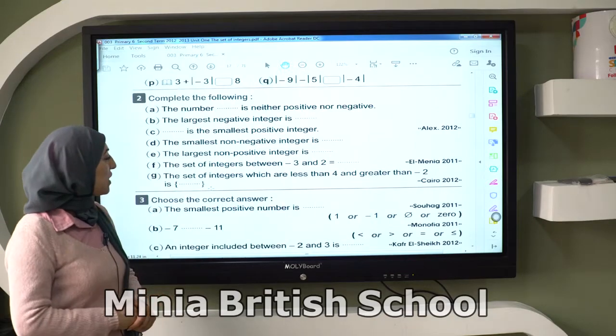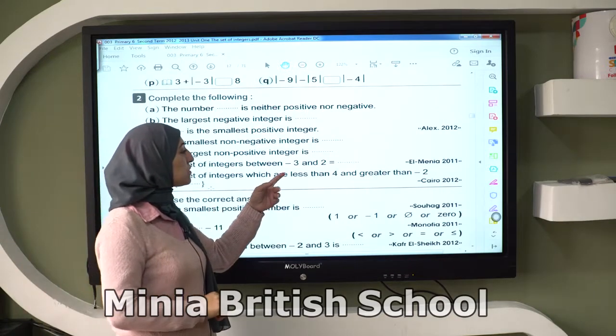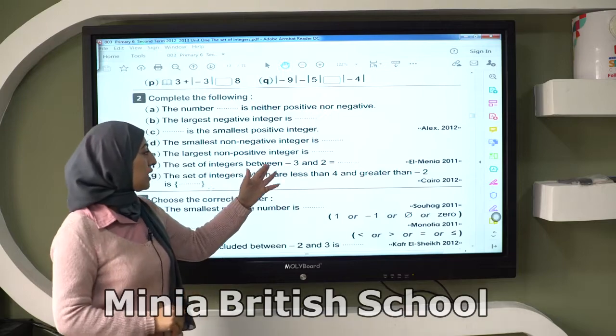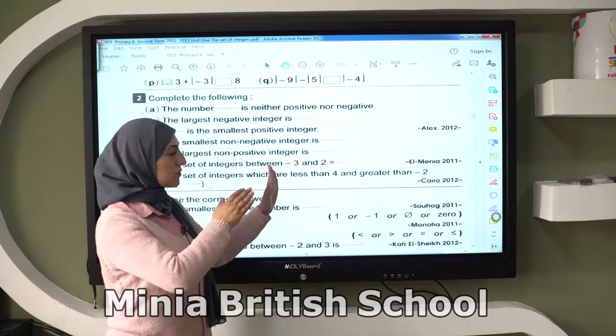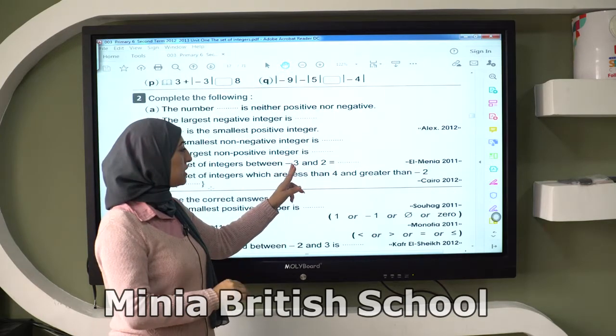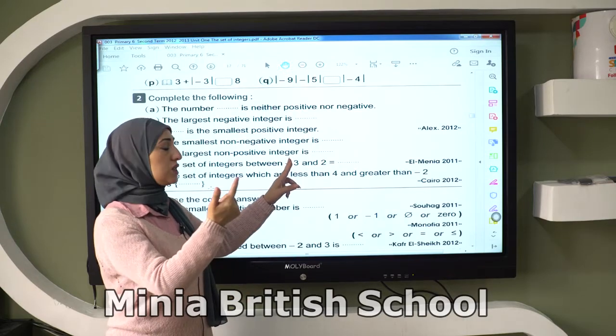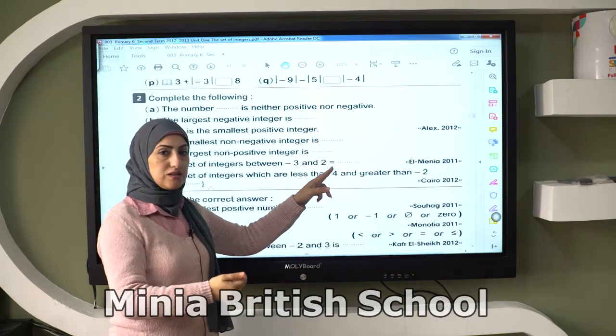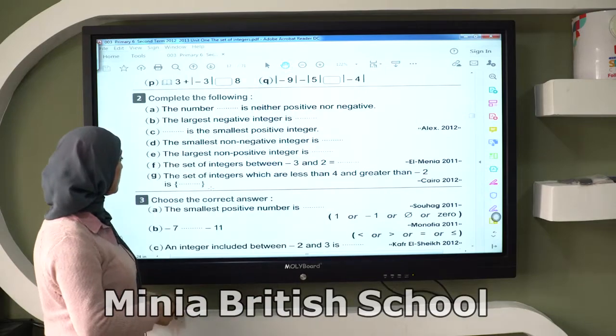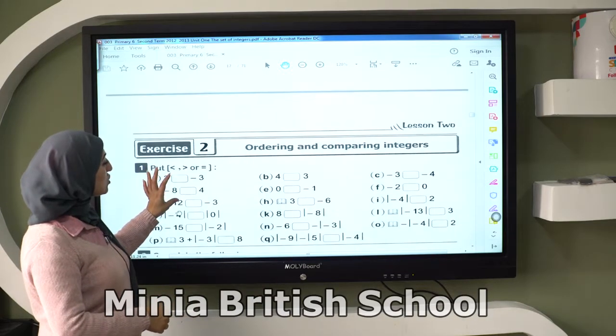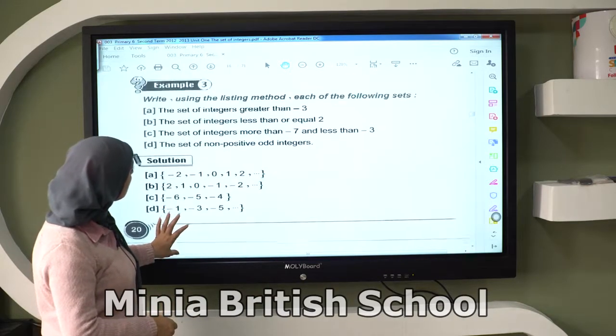The set of integers between -3 and 2. Okay, after -3, it's -2, -1, 0, and 1.